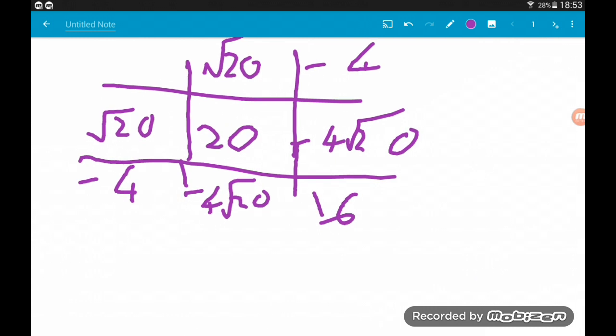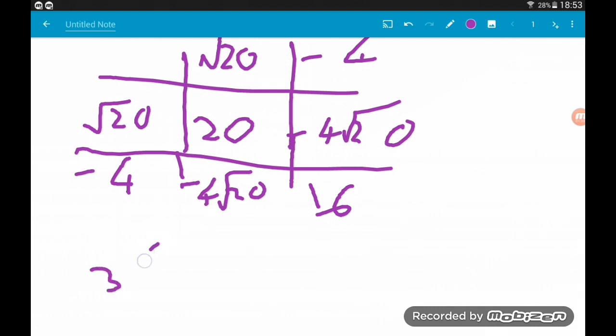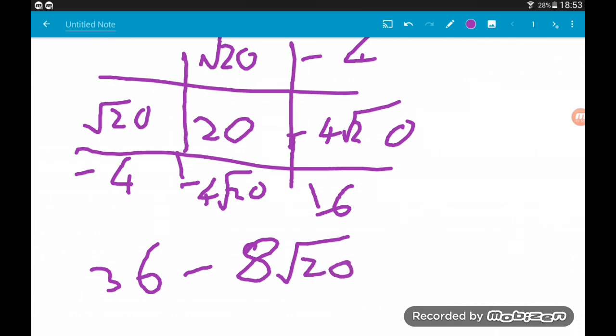Now we need to pick stuff out of the table and simplify. So we've got 20 and 16, so that's going to give us 36. And then we've got minus 4 root 20, minus 4 root 20. So two lots of minus 4 root 20 is minus 8 root 20.